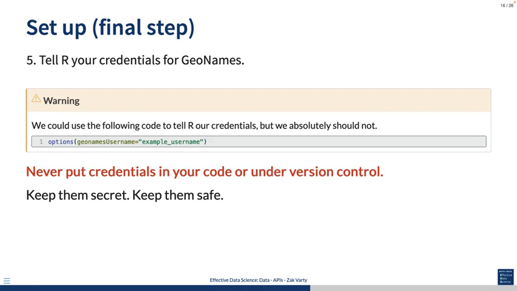One way we could do this is by storing it in an environment variable directly, which we could do using this code. This code would save our username as an environment variable, which is the metadata about your current R session. Environment variables control lots of things within R, like how many decimal places to print by default.